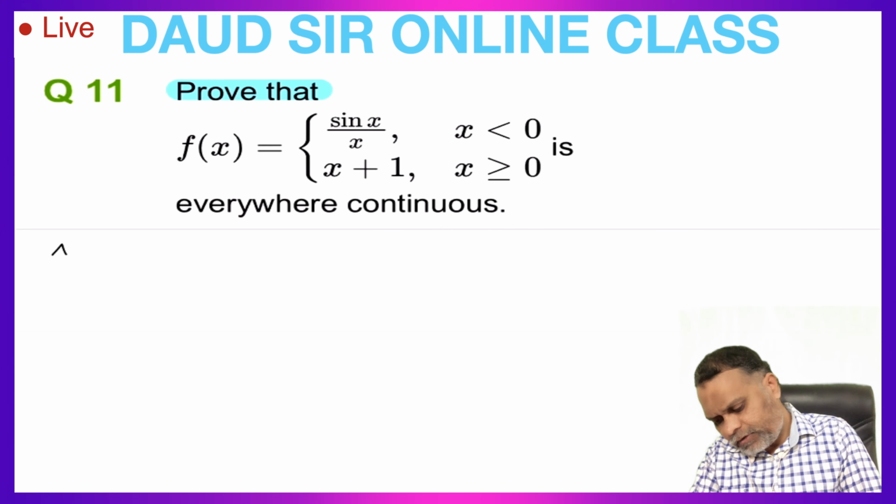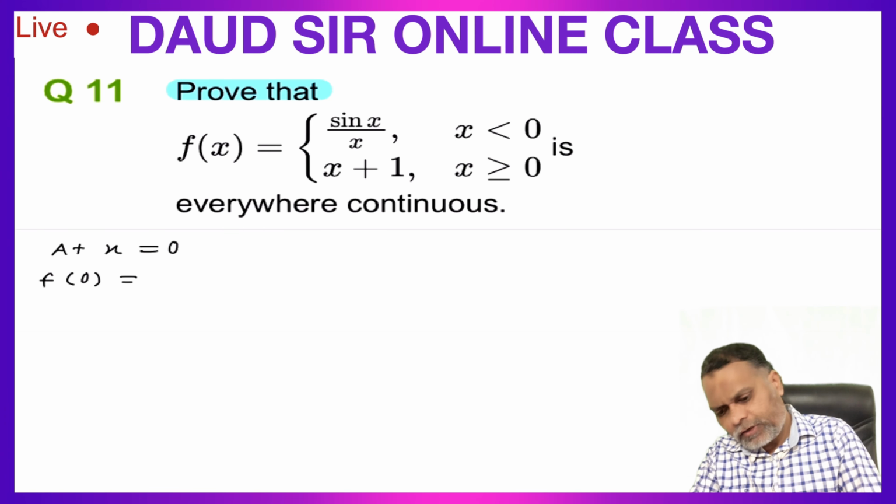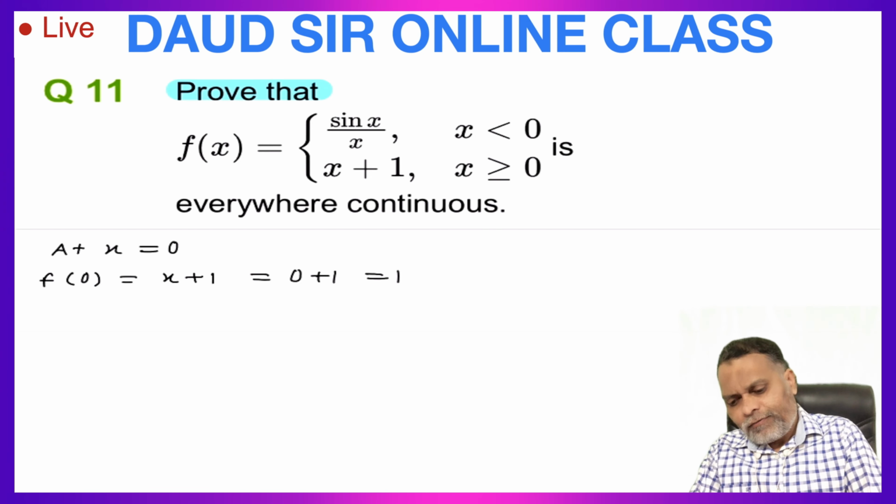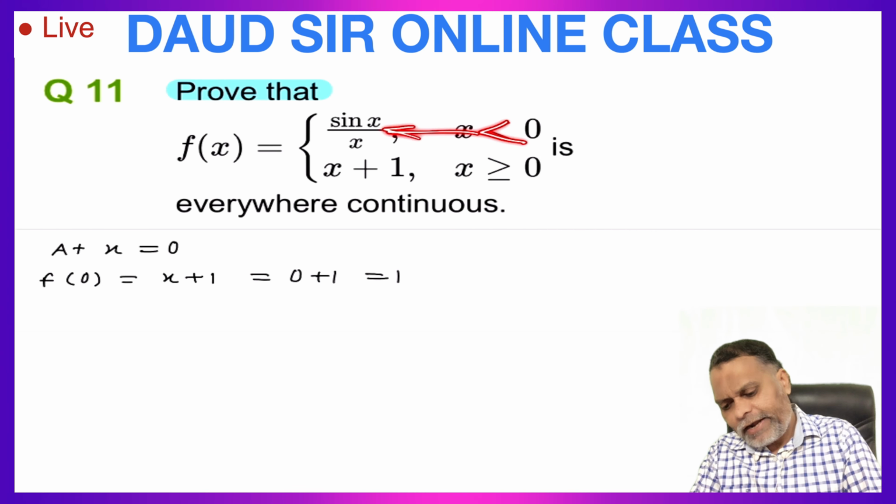At x is equal to 0, f of 0 is equal to this function x plus 1. Substitute x is equal to 0, so 0 plus 1 which is equal to 1. Now for x is less than 0, calculate left hand limit.